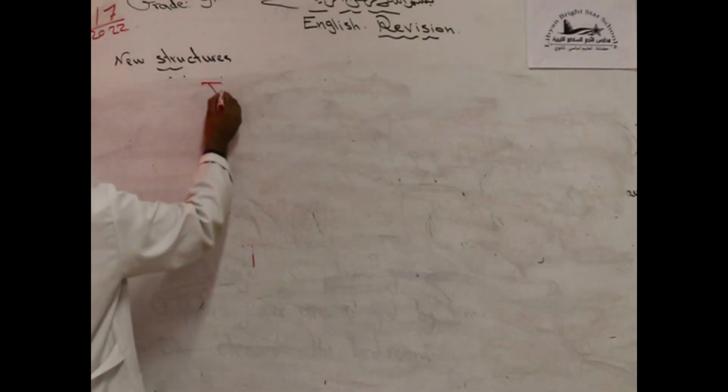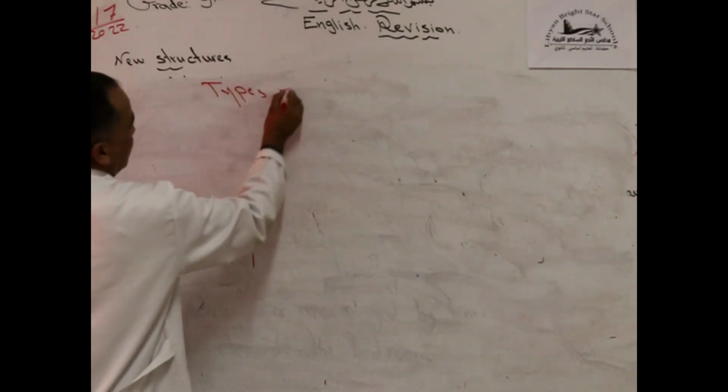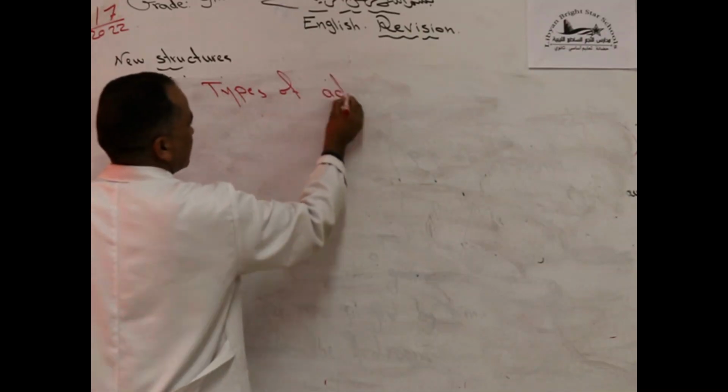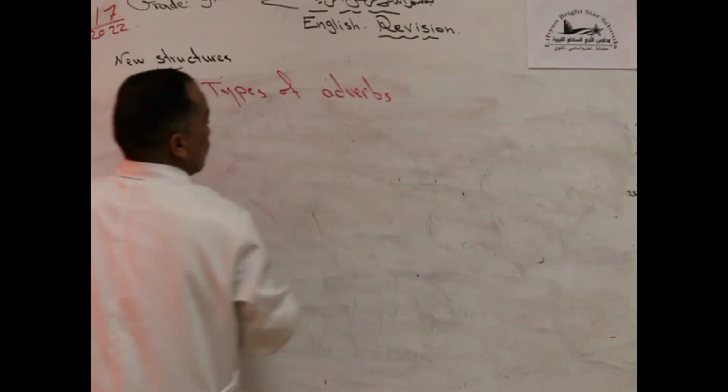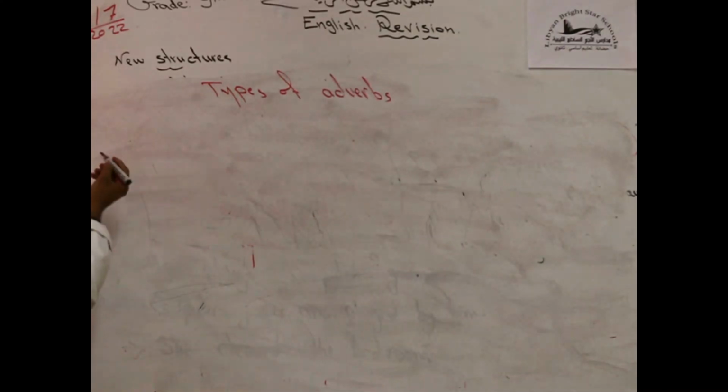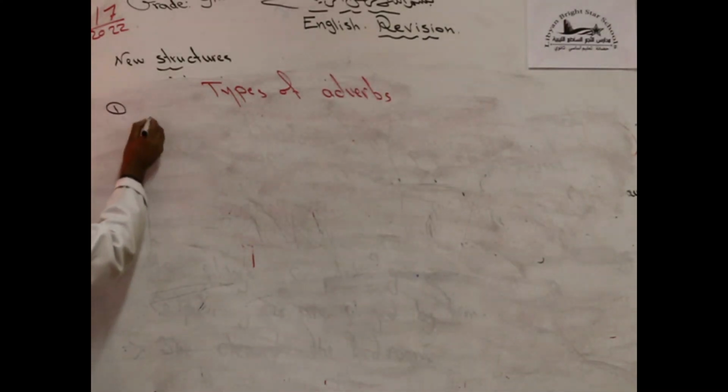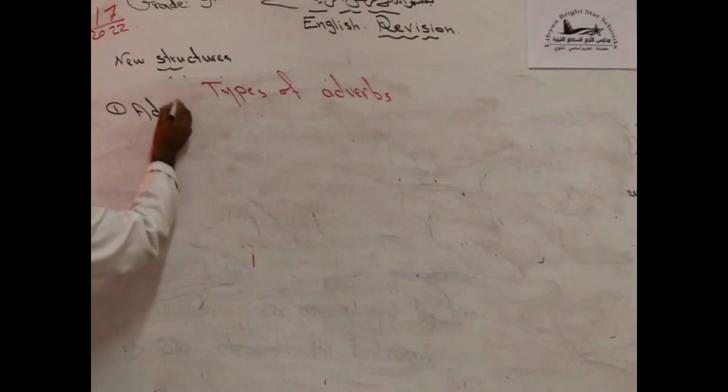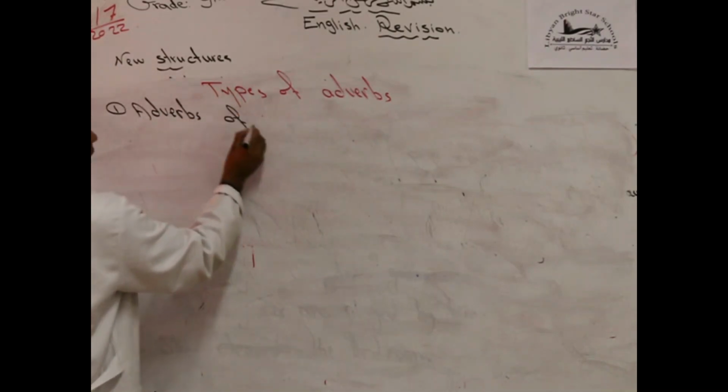Types of adverbs. We have three types. The first one, adverbs of place.